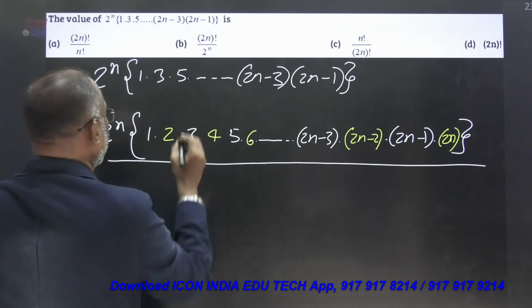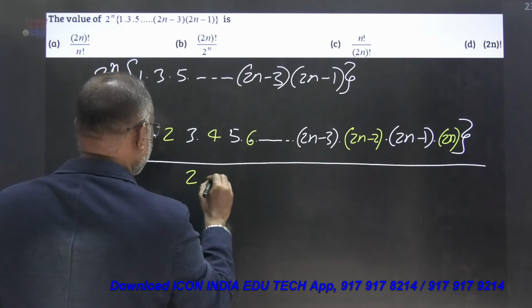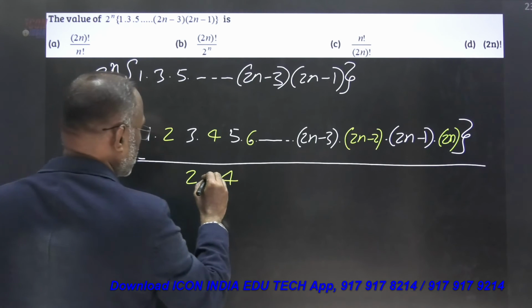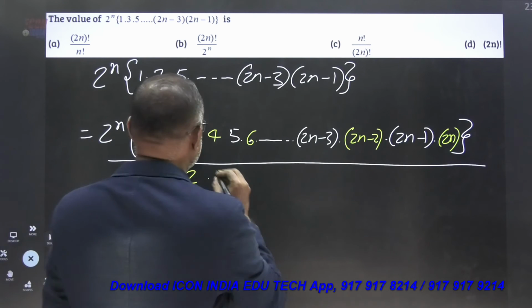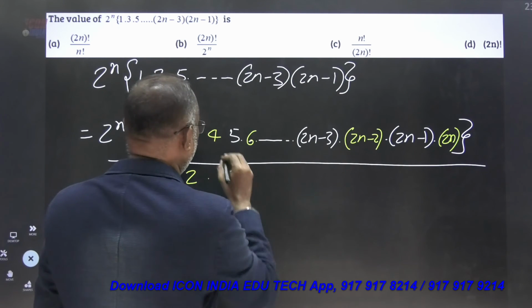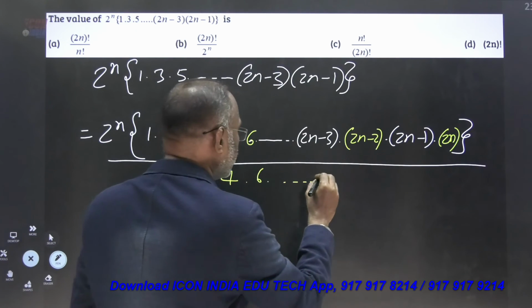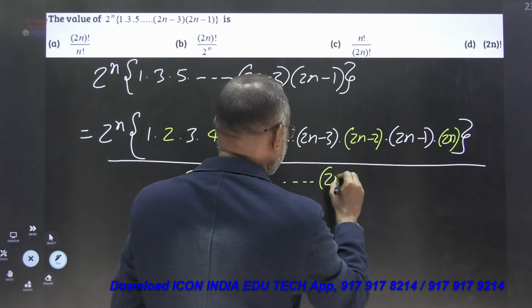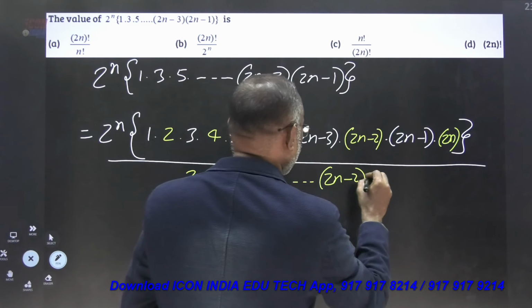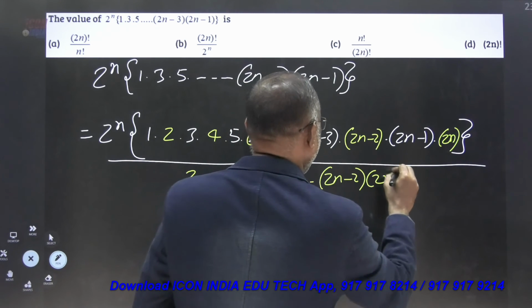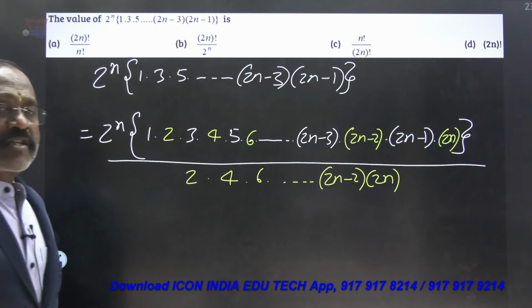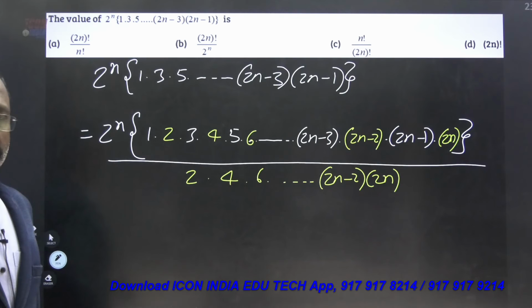Just those written in the green color: 2 into 4. Don't think that this is a decimal. This is 'into' here, please. 2 into 4 into 6 into so on into 2n minus 2 into 2n. Whatever is multiplied, that's what is divided.